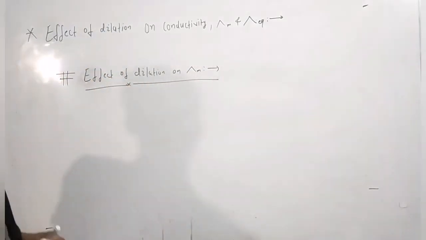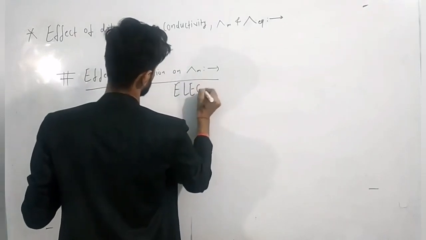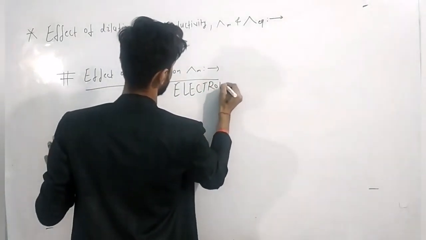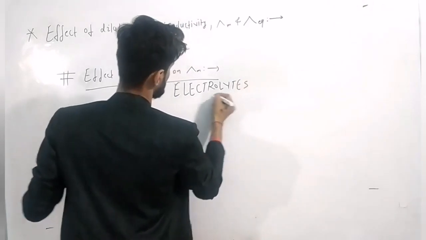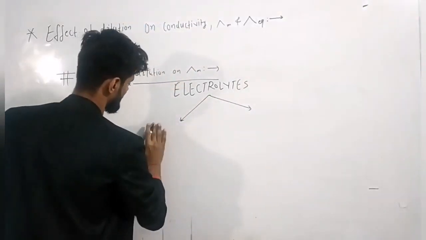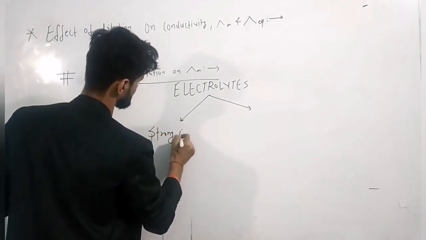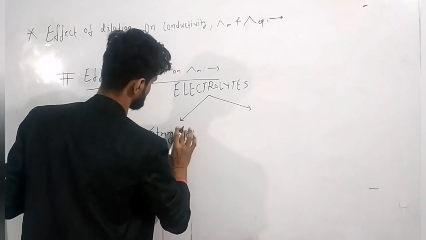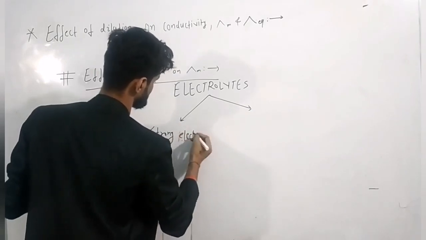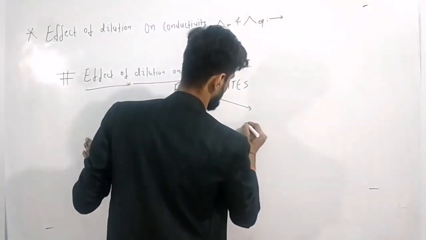My dear student, understand one thing. In electrochemistry, we have to discuss electrolytes, and already I have classified the electrolytes into two parts. First is the strong electrolyte, and the second major part is the weak electrolyte.